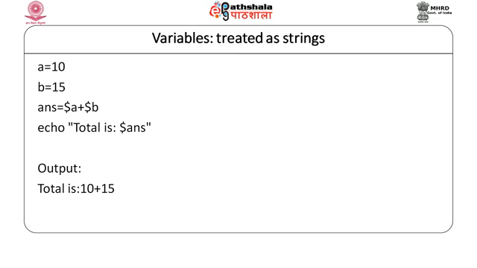Instead, it will show 10 plus sign and 15, because 10 is treated as a string and 15 is also treated as a string. So, echo $a plus $b will display the total as 10 plus sign and 15. This is the major concern while doing arithmetical calculations.